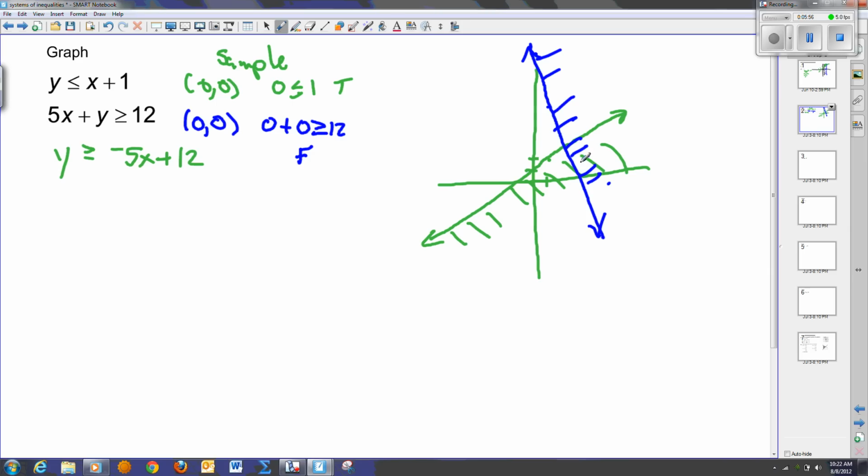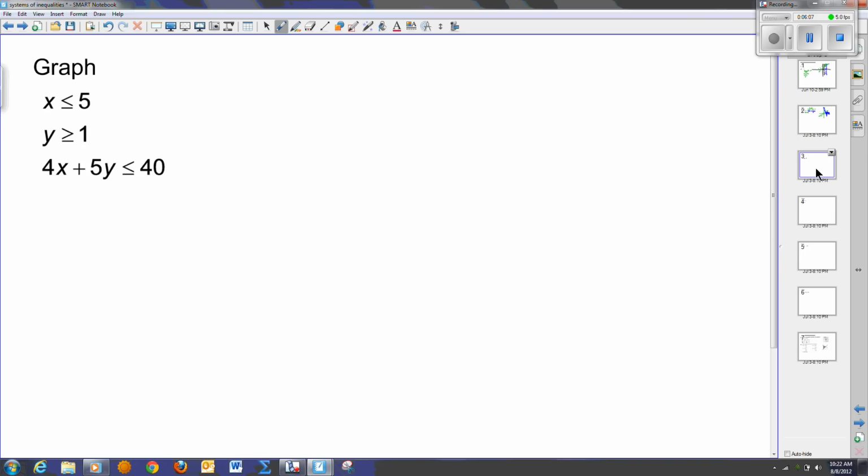Now my double shaded region is this area over here, and every point in that region is going to satisfy the two inequalities. Let's do another one. This time we'll graph that third equation a little bit differently.